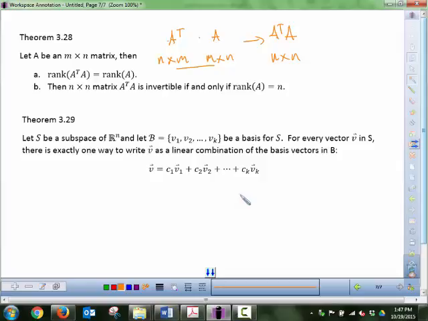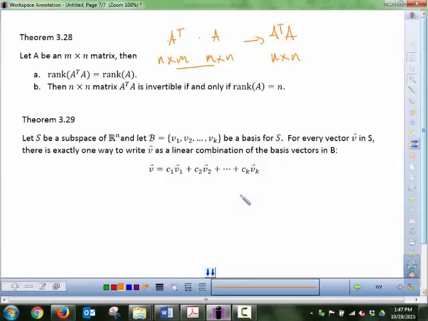Now this one comes into play kind of subtly later on when we talk about expressing things with respect to the basis. Because you might have two vectors that span a two-dimensional space, and then you could have another set of two vectors that spans another space.